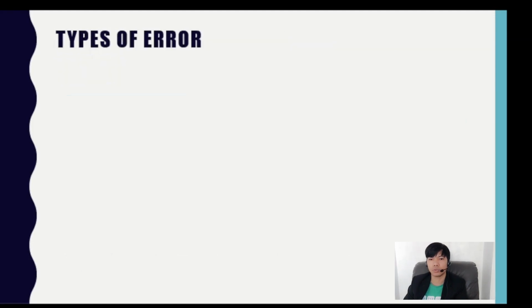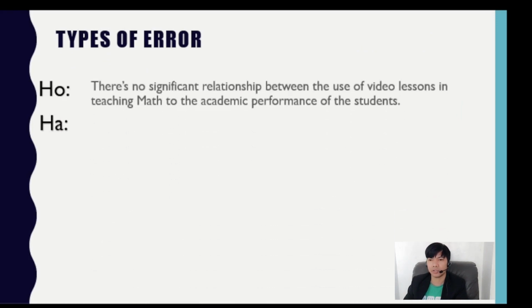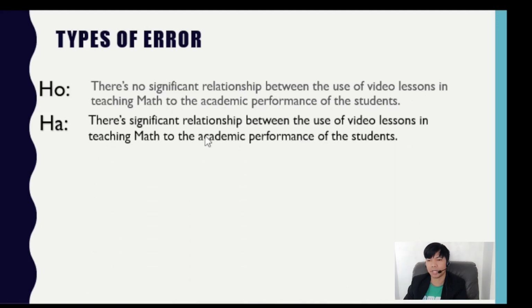Going back to the example earlier about Mr. Odones, where the null hypothesis is stated as there's no significant relationship between the use of video lessons in teaching math and the academic performance of the students. And the alternative hypothesis is there's a significant relationship between the use of video lessons in teaching math and the academic performance of the students.